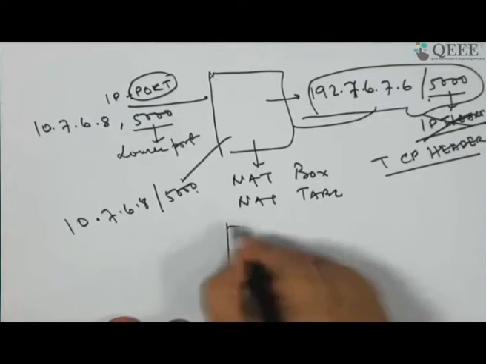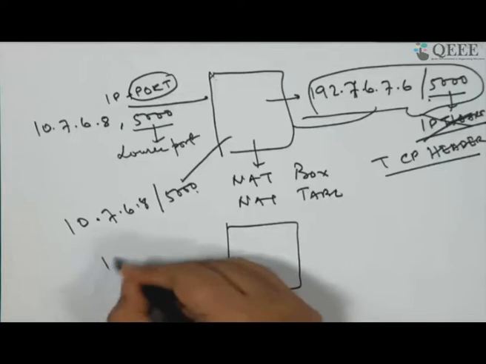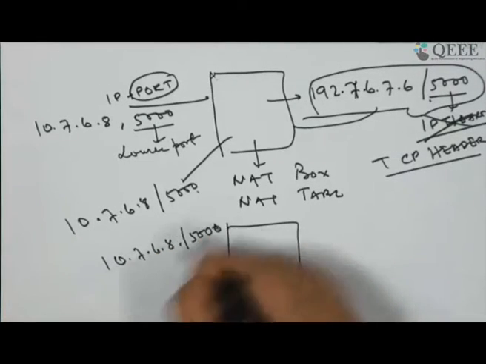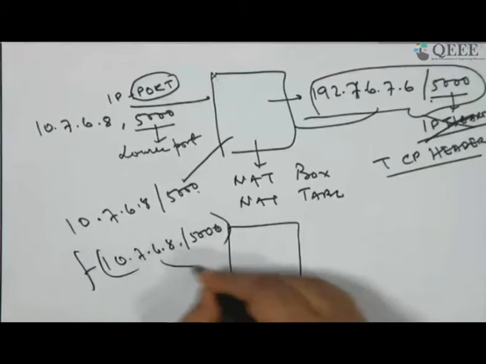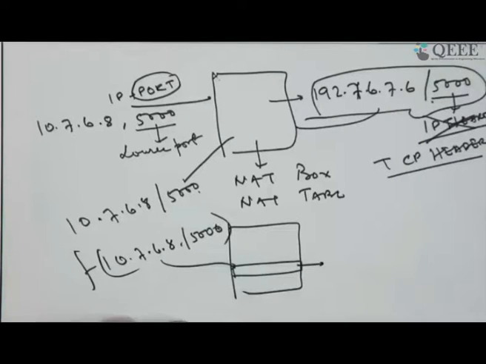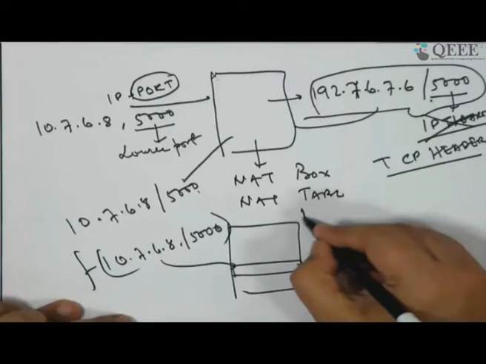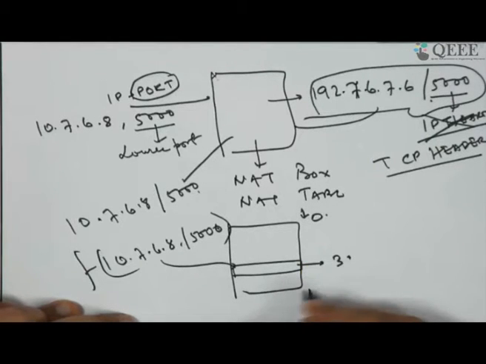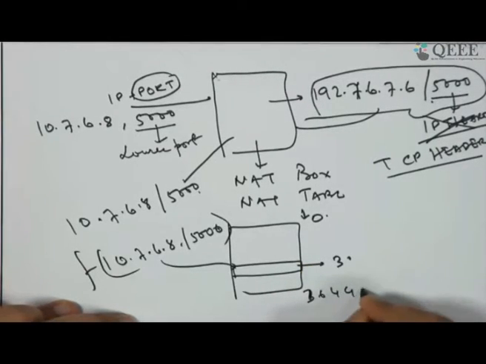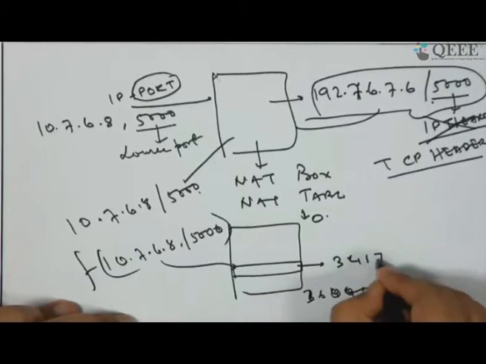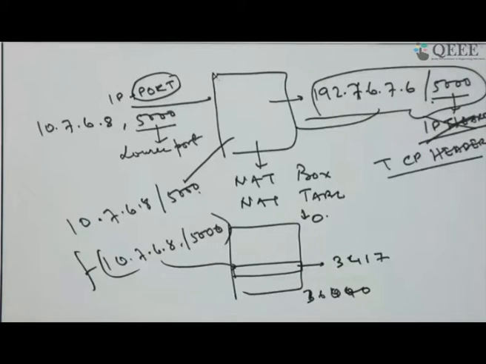What we do is we simply take this 10.7.6.8 and 5000 and do a hash function and get an entry in this table. This table is say from 0 to 36,000, and from this hash function you get 3417. Okay.